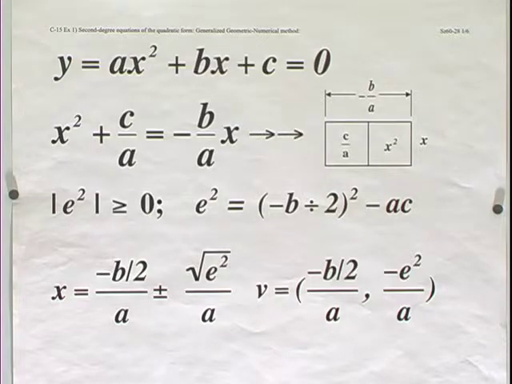Consequently, the vertex will be minus b over 2 divided by a for the x coordinate, and minus the deviation from a trinomial square divided by a for the y coordinate. And we can get it using this geometric numerical method.